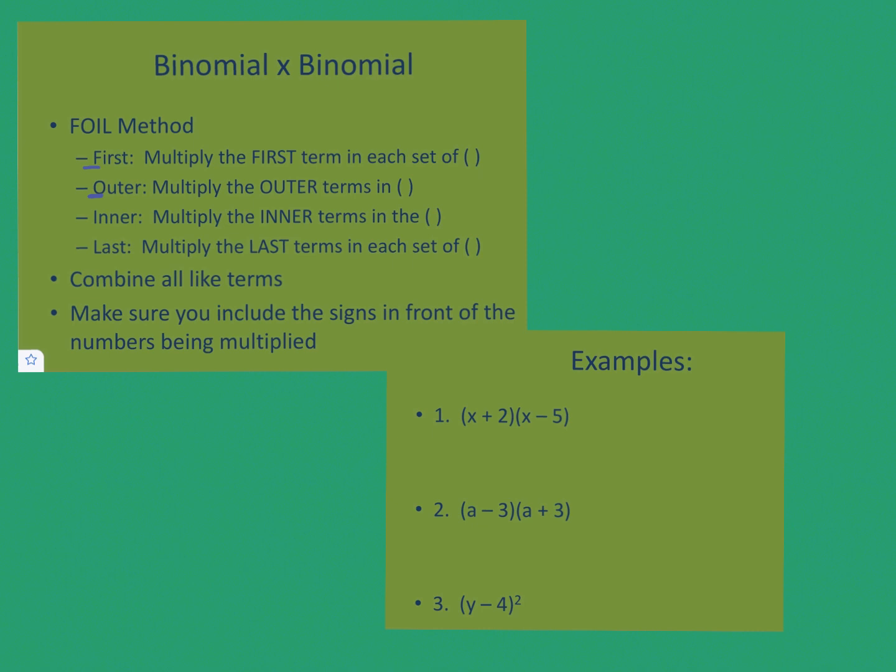O, multiplying the outside terms of the parentheses. I, inside or inner, multiplying the inside terms, the ones that are the closest together. And L, multiplying our last terms.